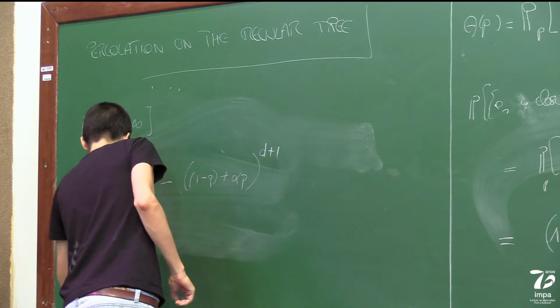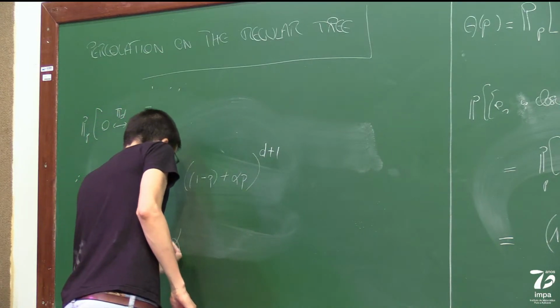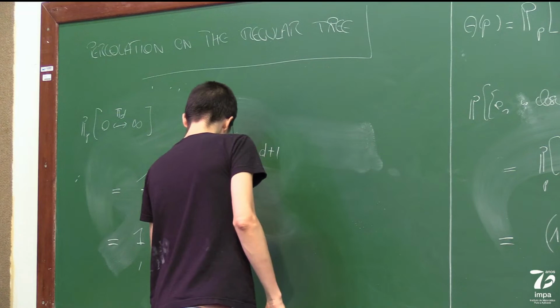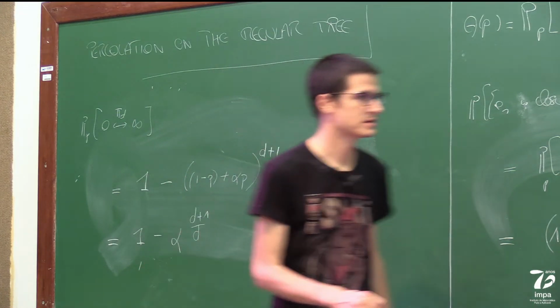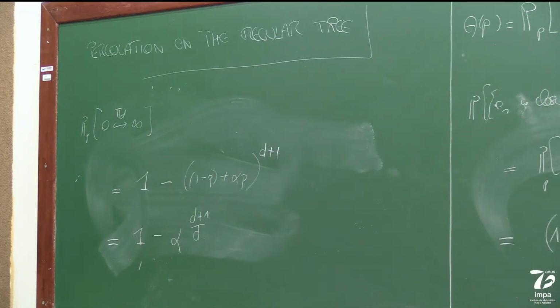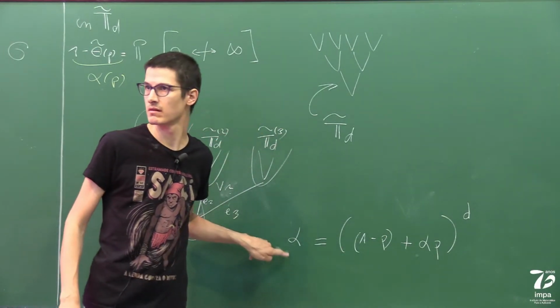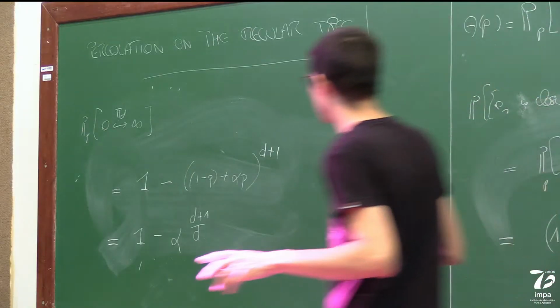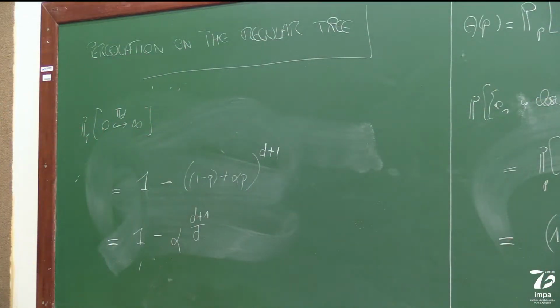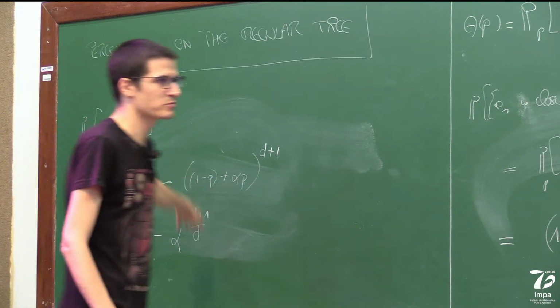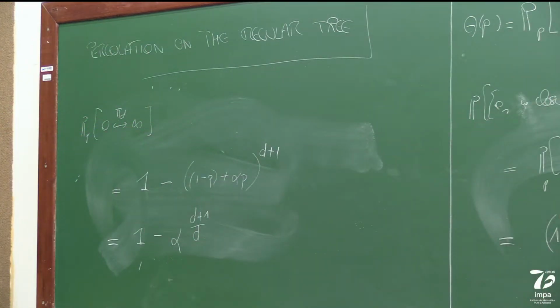So theta_p is equal to 1 minus alpha to the power (d plus 1) over d, where I'm using this equation to replace this by alpha to the 1 over d. So if I have an expression for alpha, then I have an expression for theta. It's exactly the same computation, except that I have d plus 1 branches instead of d.